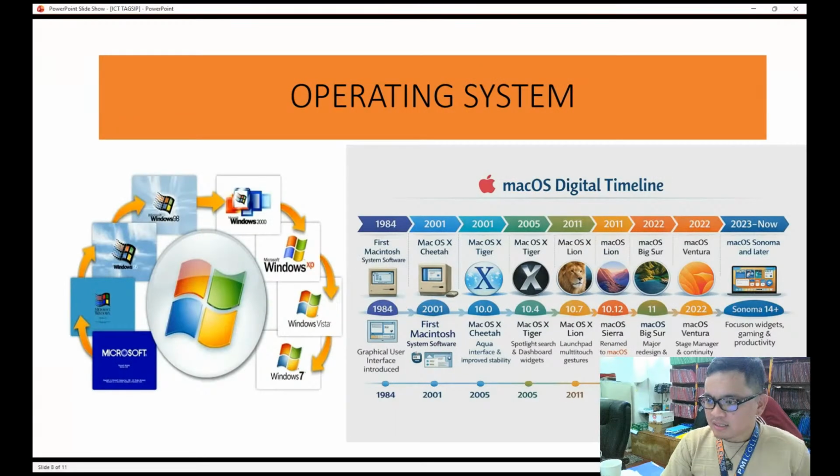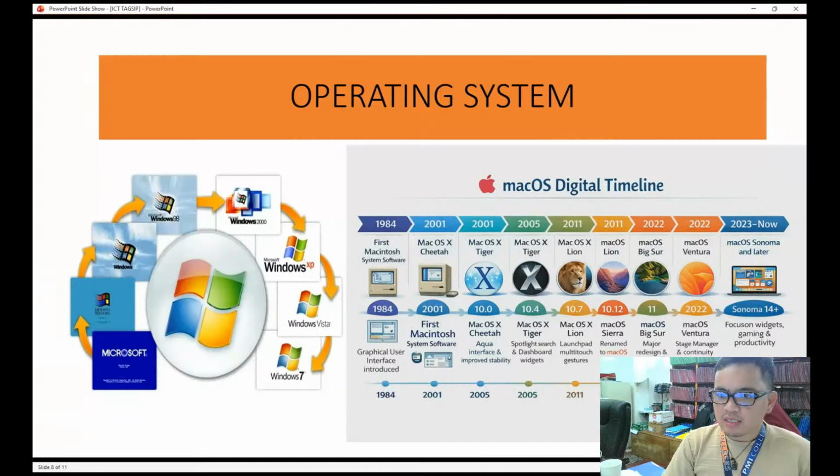Next, I show the operating systems. On the left side is the operating system of the IBM PC, and the right side here is the Mac OS digital timeline.